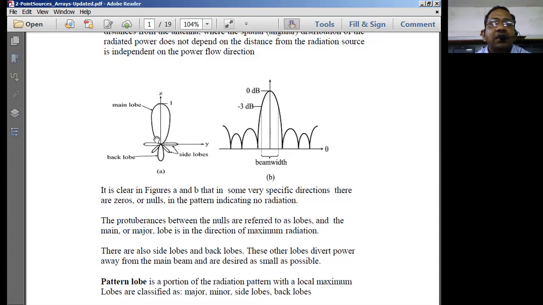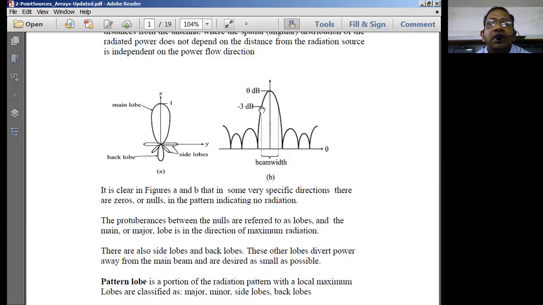The total angle between the two points of the main lobe is theta. Along the theta direction, we find a spectrum like this, and we get the half power beam width.